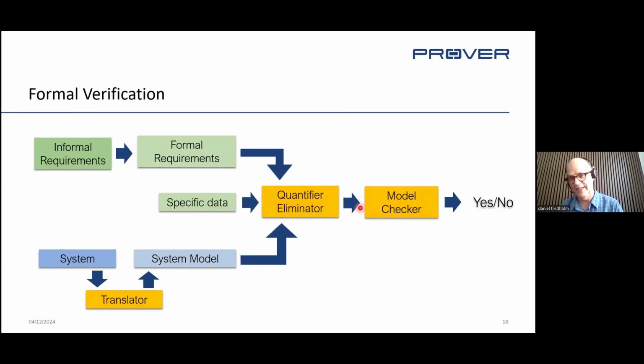And then we can feed these into the model checker, which will provide us with either a yes or a no, and a counterexample showing us how these requirements are actually violated.